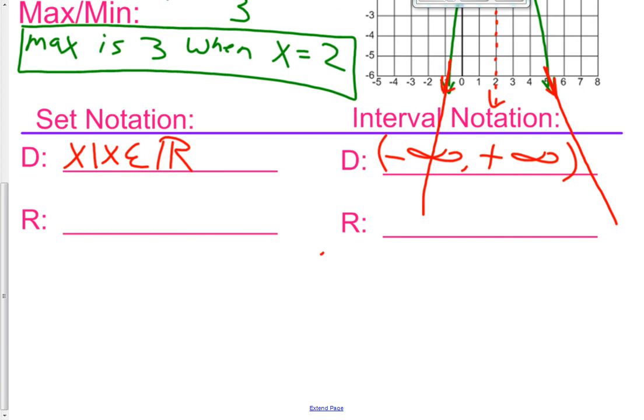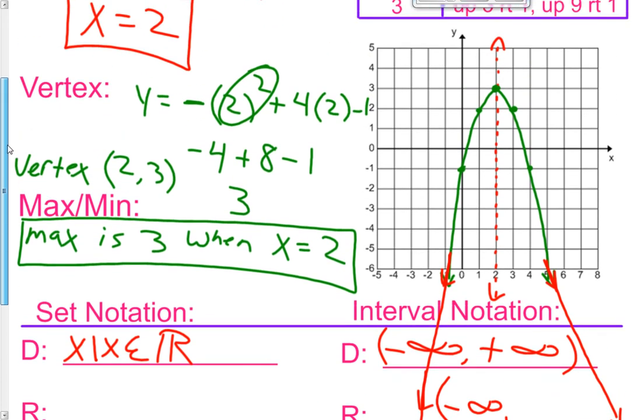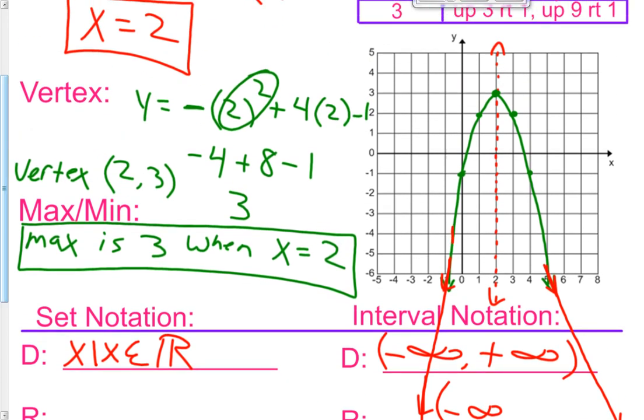So now for our range going from bottom to top, how low do these arrows go? Hopefully you see that they go infinitely down. So it starts at -infinity. And we always have a parenthesis with -infinity. And how high does my parabola go? It goes as high as my maximum value does. It goes higher and higher, and once it gets to my vertex, it starts going down again.